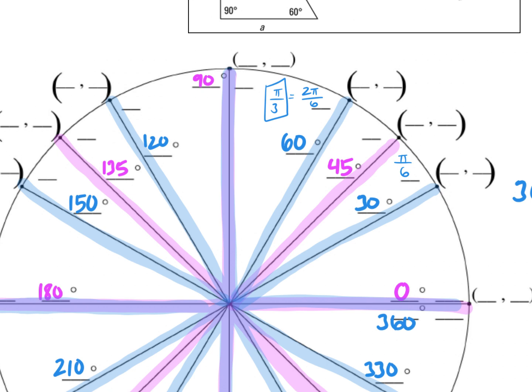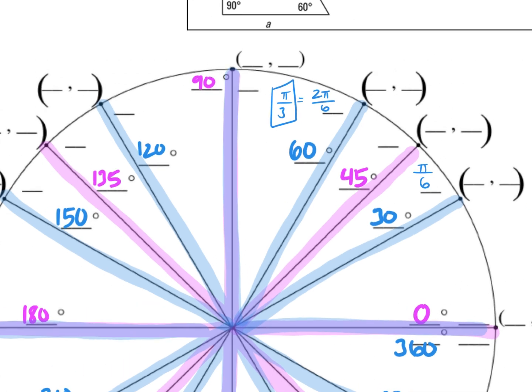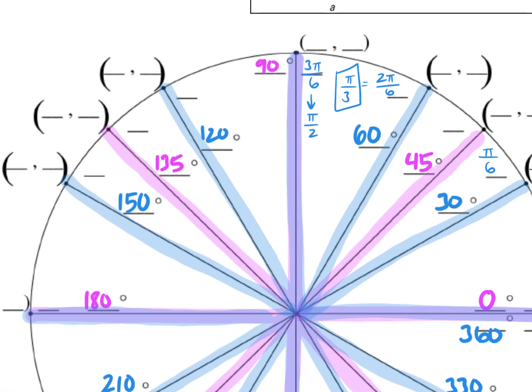If I add pi over 6 again, that's going to get me to 90 degrees, which would actually be 3 pi over 6, which simplifies to give me what? Pi over 2. Add pi over 6 again, and I end up with 4 pi divided by 6, which is the same thing as 2 pi over 3.